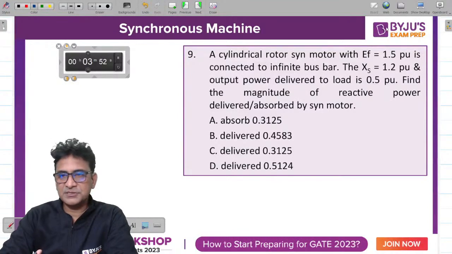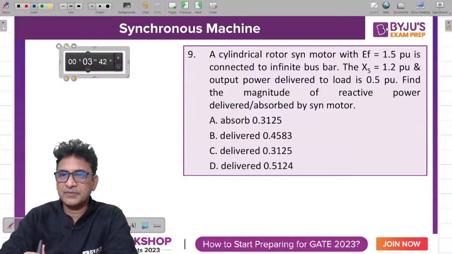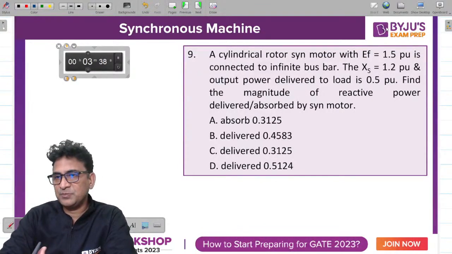A cylindrical rotor synchronous motor is given. Excitation EMF is given. It is connected to the infinite bus bar. The value of synchronous reactance is given. The motor is delivering 0.5 pu of power.